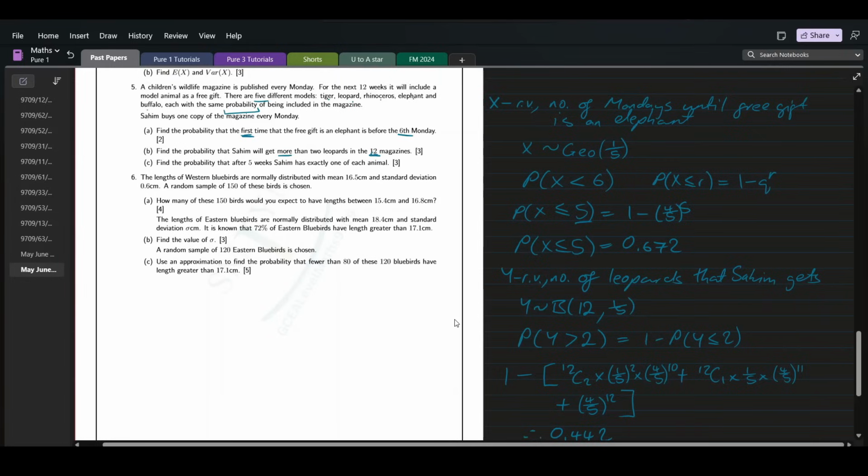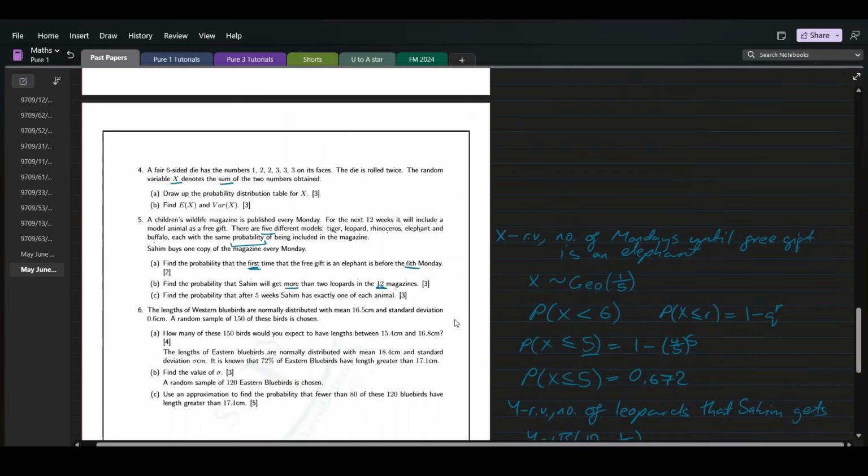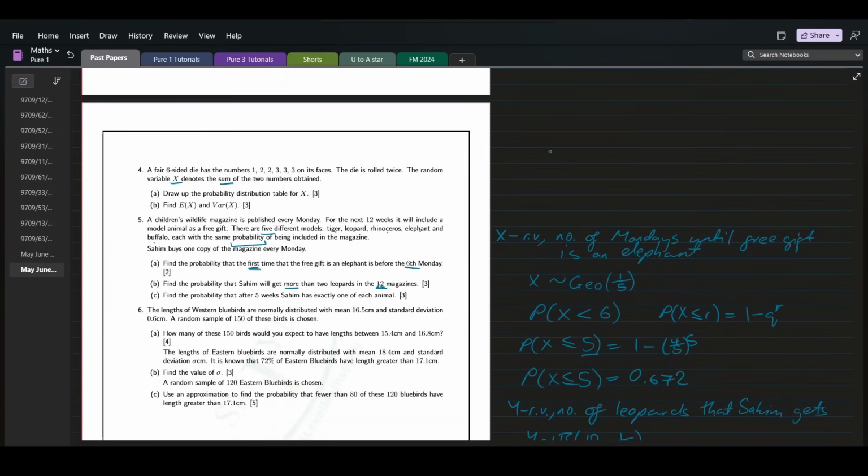Part C, find the probability that after 5 weeks, Sahim has exactly one of each animal. Okay, so let's write it up here. Sahim can either get a tiger or a leopard or a rhino or an elephant or a buffalo.